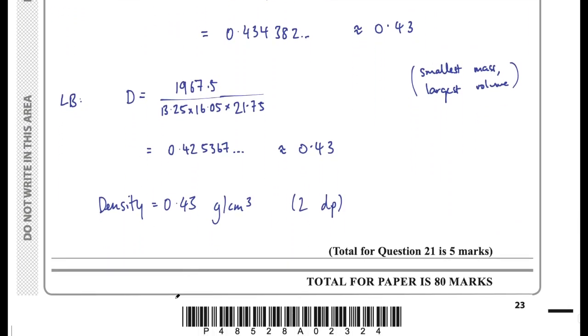So let's just say then that's because to 2 decimal places the bounds are equal. Okay, so that's why I rounded off to 2 decimal places. That's why it's a suitable degree of accuracy. And that was question 21 for 5 marks. Final answer of 0.43.